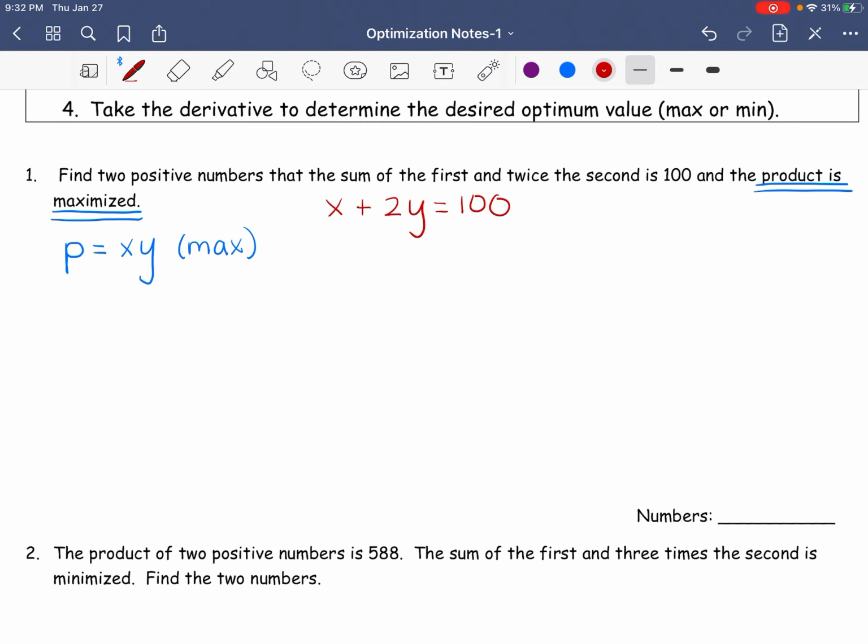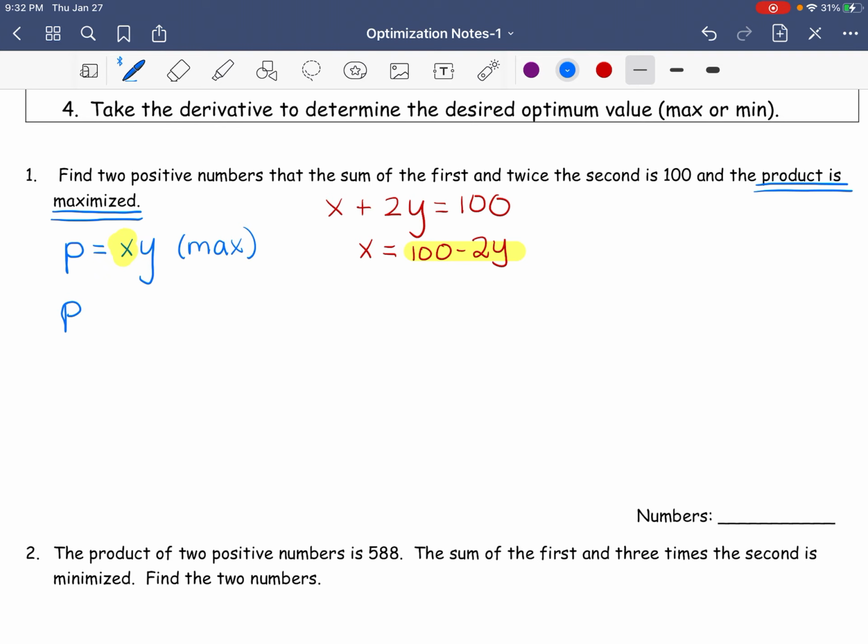So over here in this red equation, if I solve it for x, just subtract 2y from both sides. So x equals 100 minus 2y. And then what I can do is take 100 minus 2y and substitute it in for x. So I'm going to rewrite this equation that needs to be optimized.